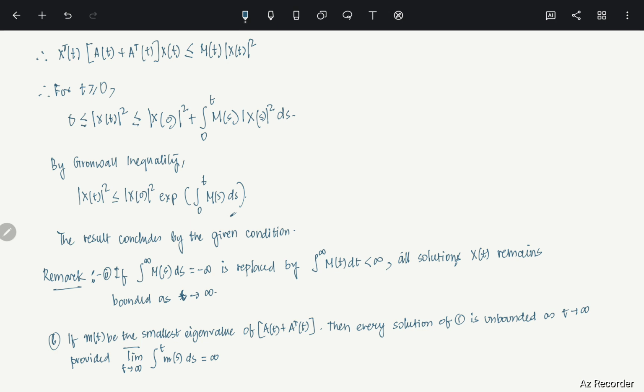I want you to check this part yourself. So this is the condition under which all solutions are unbounded.